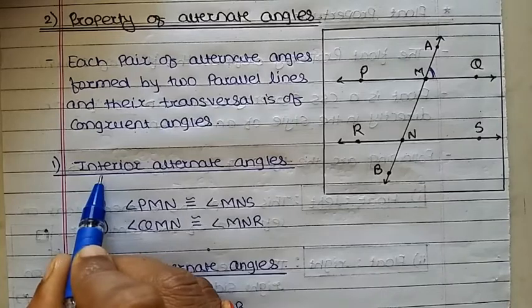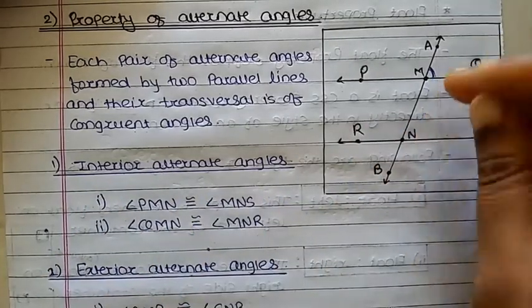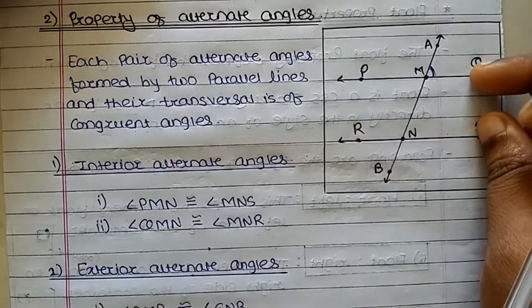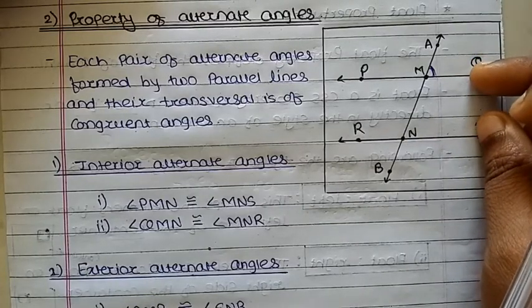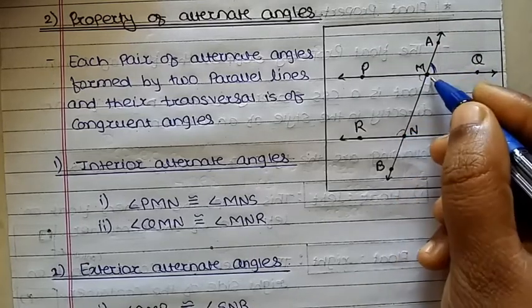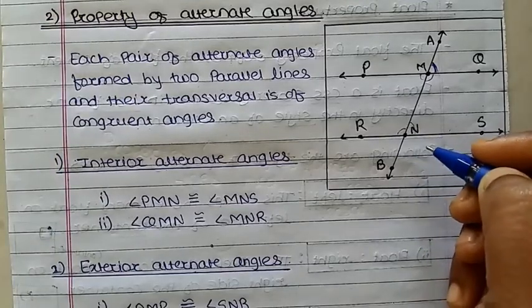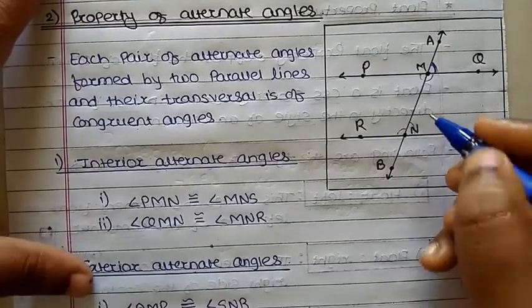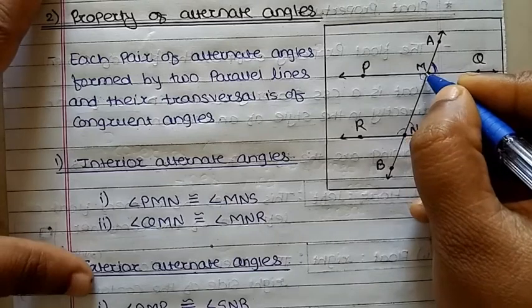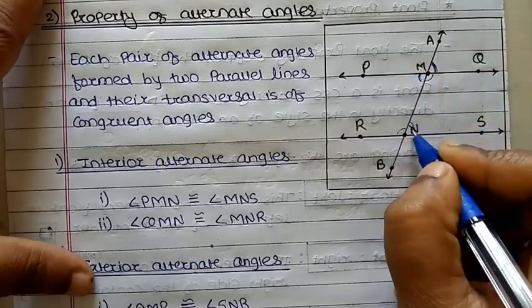We will discuss this step by step. First of all, we have to find the interior alternate angles. Interior means between these two parallel lines. This angle is equal to this and this angle is equal to this one. So when we talk about this one, the alternate of this angle is this one.